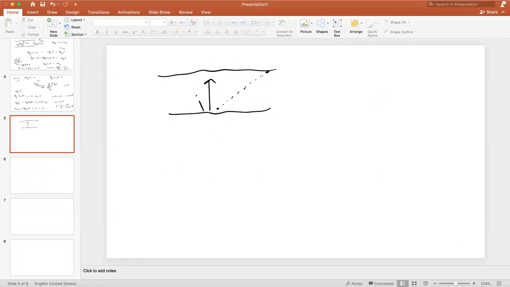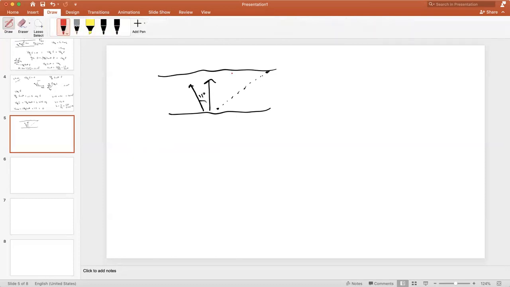And so we've decided that we're going to go at 11, let's just call it 11 degrees, right? If we go at 11 degrees, our actual path is straight across.